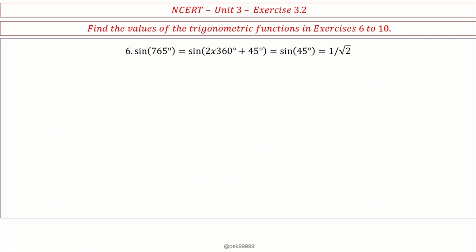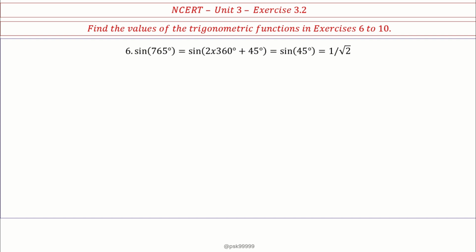And here you basically apply the rule I mentioned: odd integer into pi by 2 plus or minus x, or even integer into pi by 2 plus or minus x. That rule you can apply. And you know that when it is more than 360 degrees, you can straightforward remove the multiples of 360. When it is 360 degrees, the angle comes back to the same position, right?